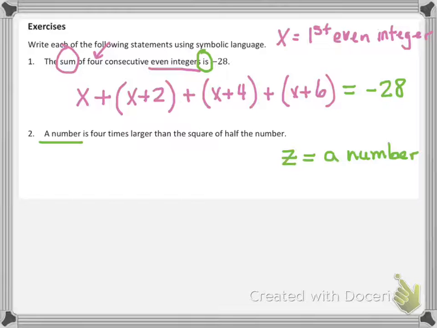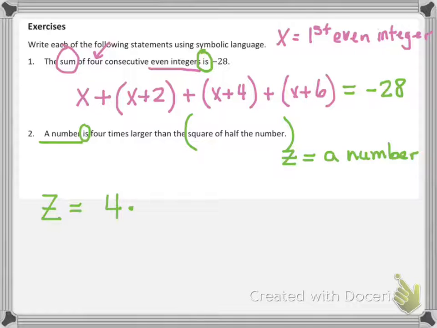So I'm going to use that variable in place of whenever I would use a number. A number is, well, that says z equals. Is means equals. A number is 4 times larger than the square of half the number.